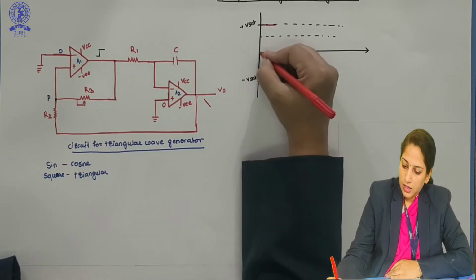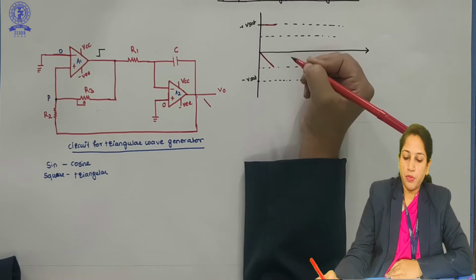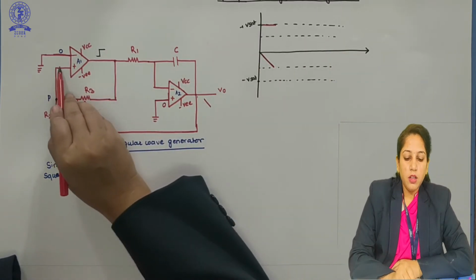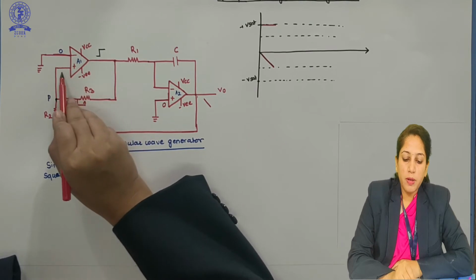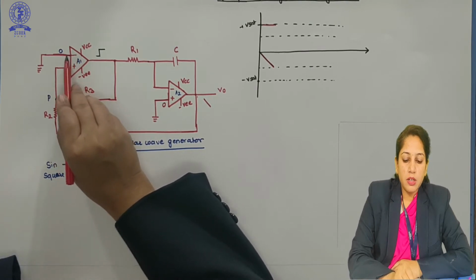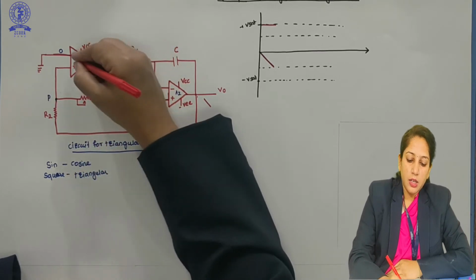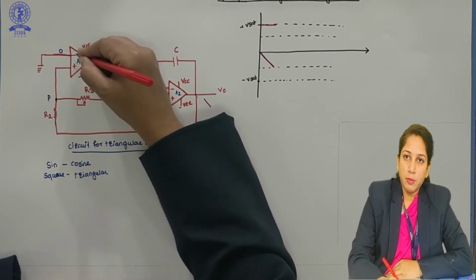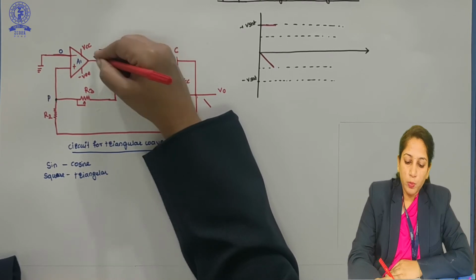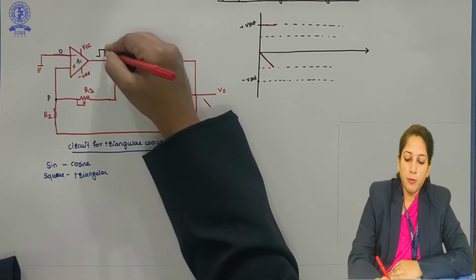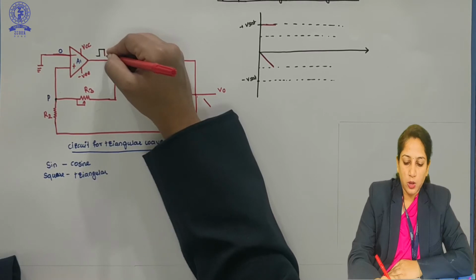As it decreases below 0, the voltage on the inverting terminal will be more, because here the voltage is in minus. So if the voltage across my inverting terminal is more, then the output of the first operational amplifier will go into minus V saturation.